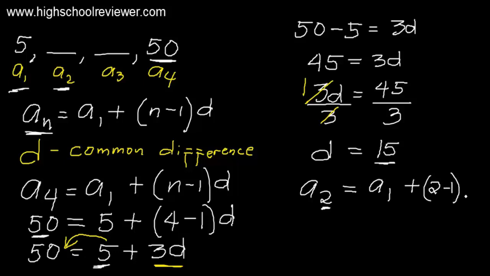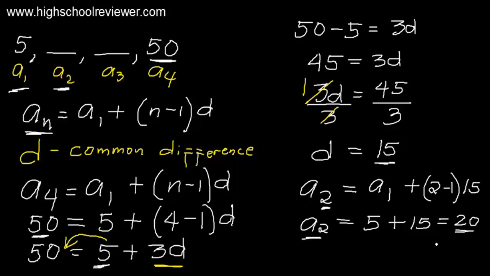So a sub 2 will be a sub 1, which is positive 5, plus 2 minus 1, which is 1, multiplied by 15, that is 15. So our a sub 2 is just a sub 1 plus 15, and this will be equal to 20.